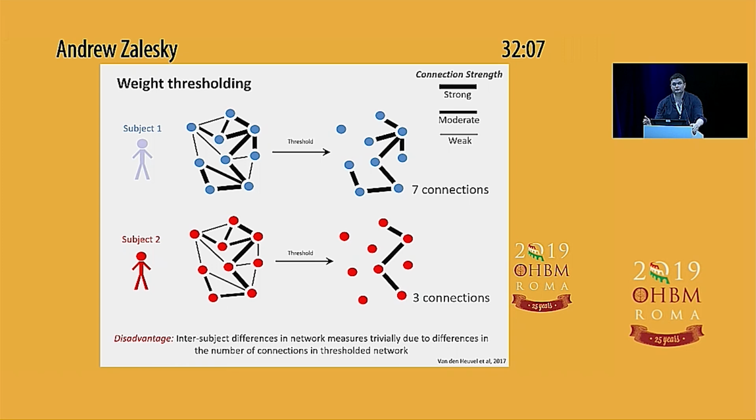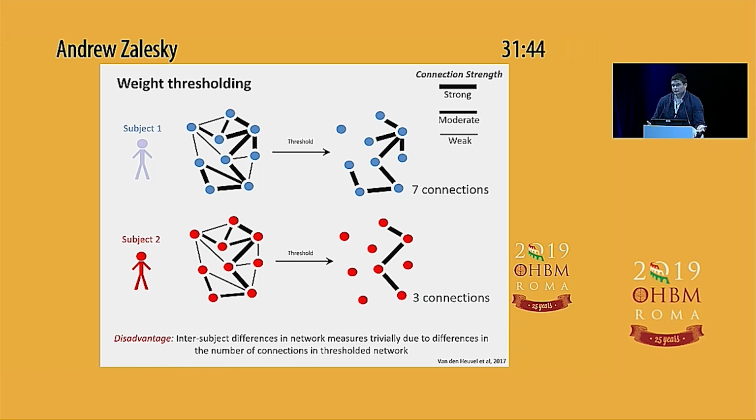So if we were then to go on and do network analyses and compare a particular network measure, whether that be path length or clustering between these 2 subjects, we would find a statistical difference, but that difference can most likely be ascribed to this difference in the number of edges between the 2 subjects.